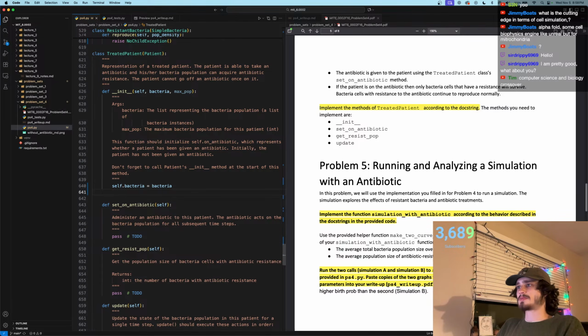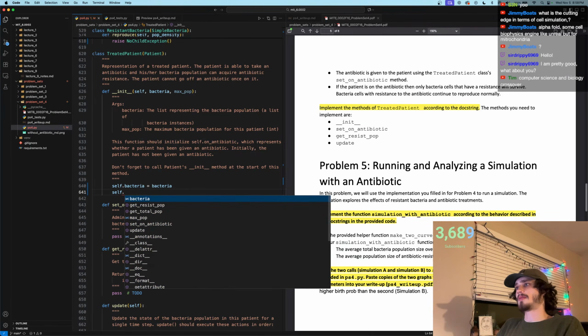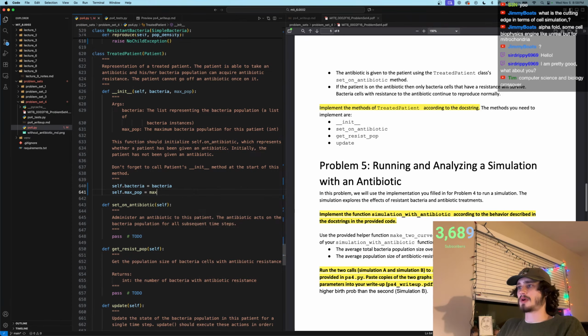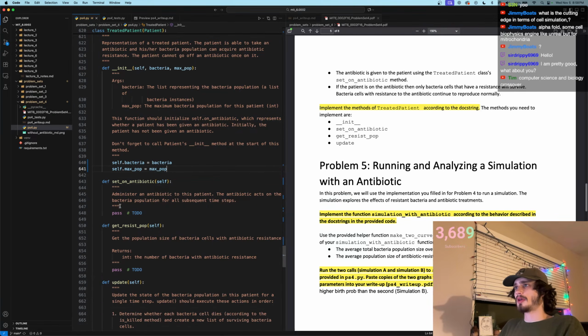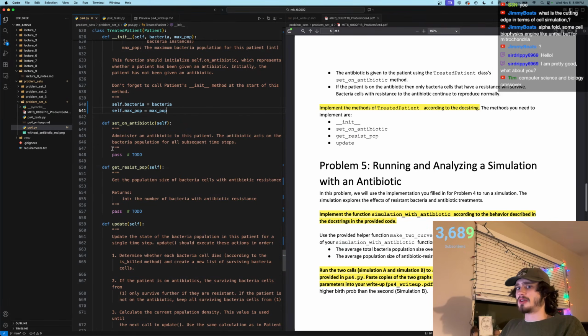We have max population, the max population for this patient of bacteria, which is an integer. So self.maxpop is equal to maxpop. We then have set antibiotic, which will go ahead and administer an antibiotic to this patient. The antibiotic acts on the bacteria population for all subsequent time steps.